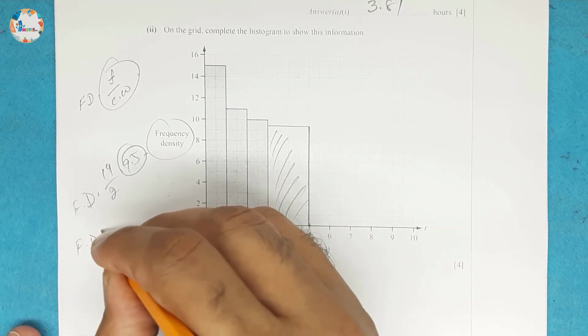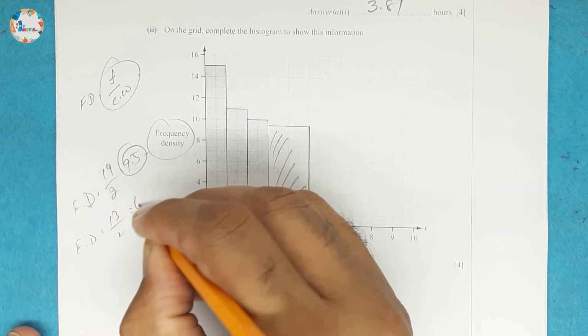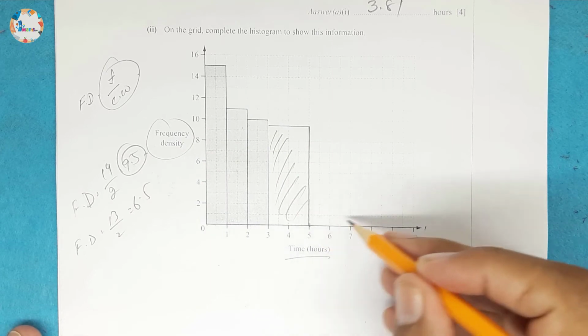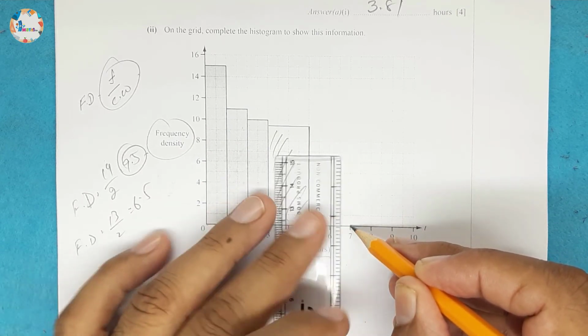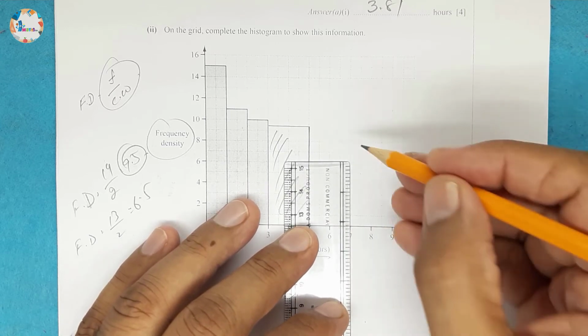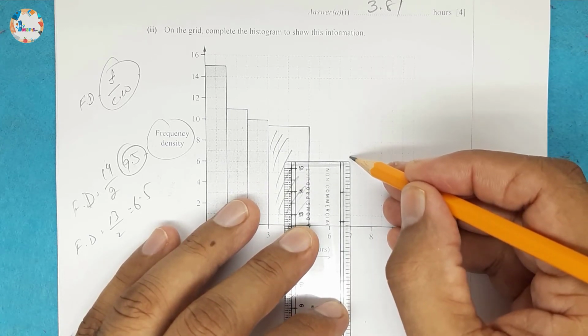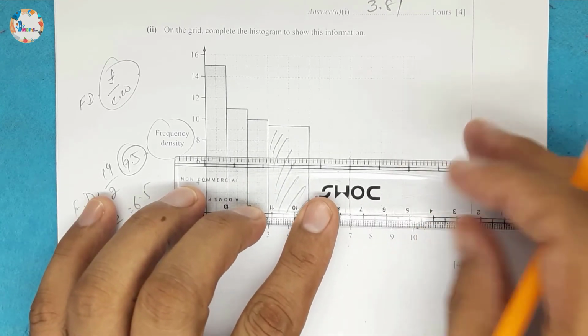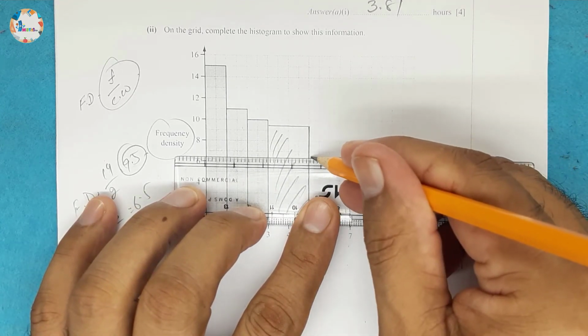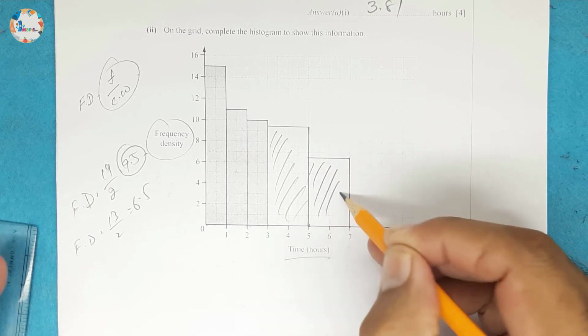So frequency density is 13 divided by 2, equal to 6.5. So 5 to 7 will be 6.5, and 6 is up to this one and 7 is here, in the middle. So we'll draw this line and also this bar, so we will reach over here.